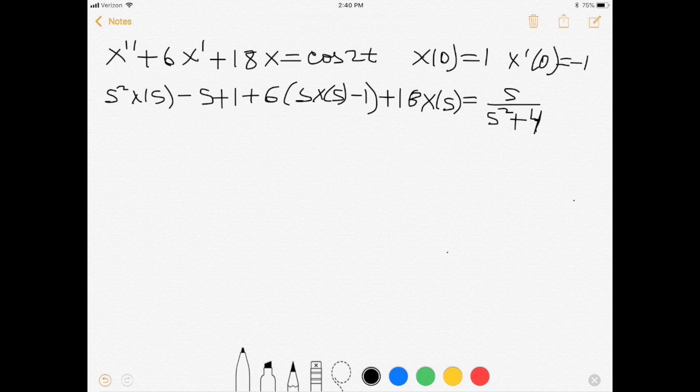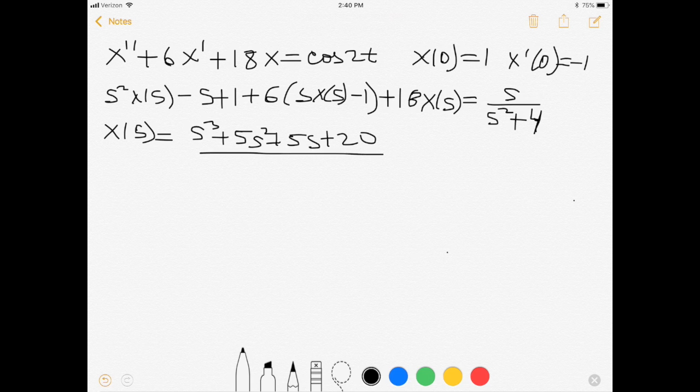Simplify, divide, and we have X of s is s cubed plus 5 s squared plus 5s plus 20, and all of this is divided by s squared plus 6s plus 18.